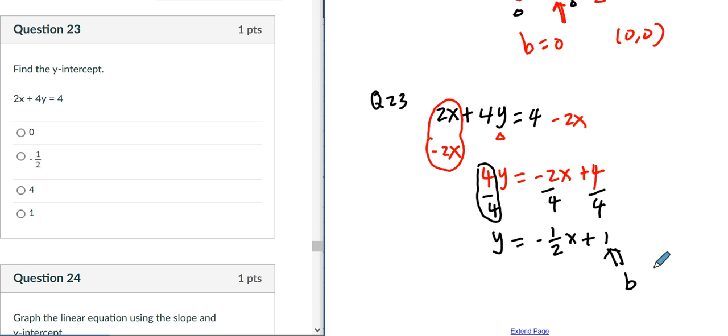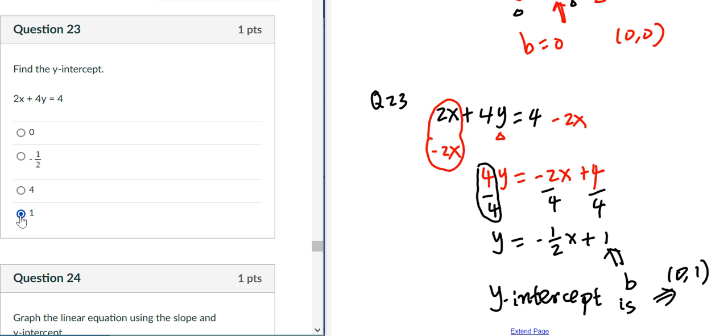What is the y-intercept? (0, 1). This point will be the y-intercept. So the answer will be 1 right here. Makes sense.